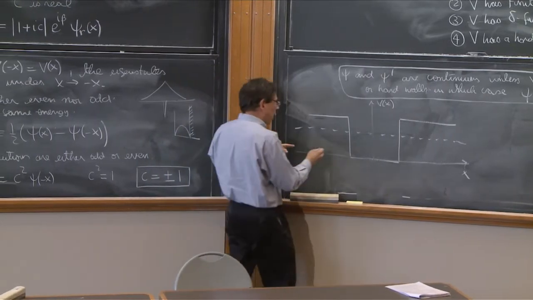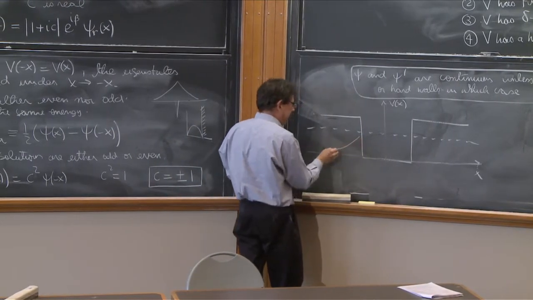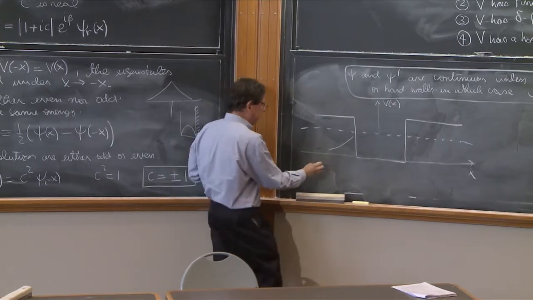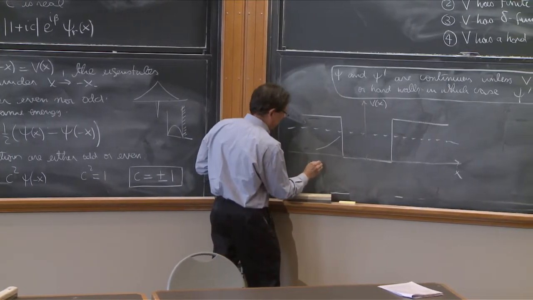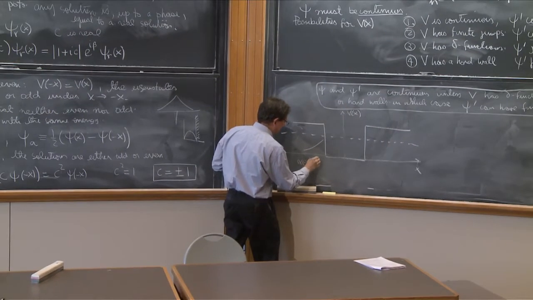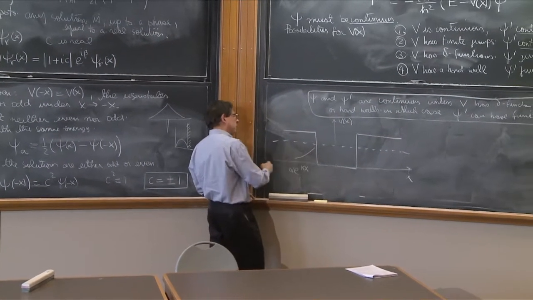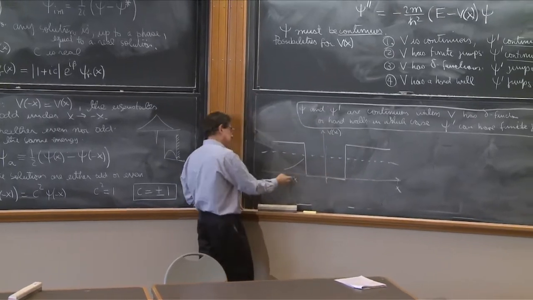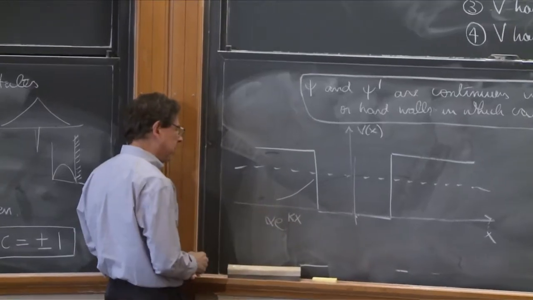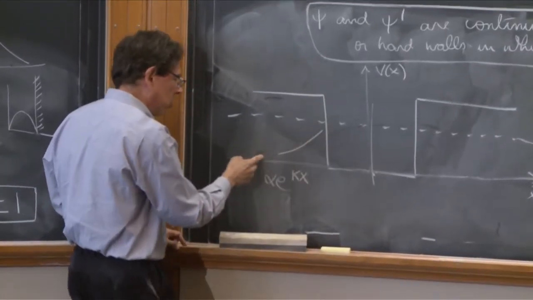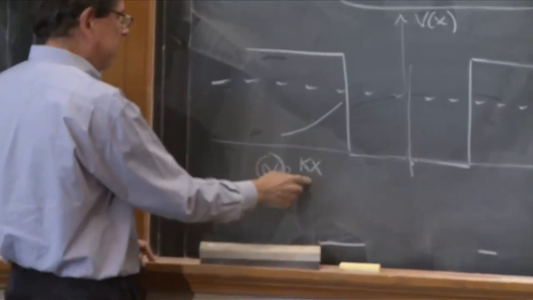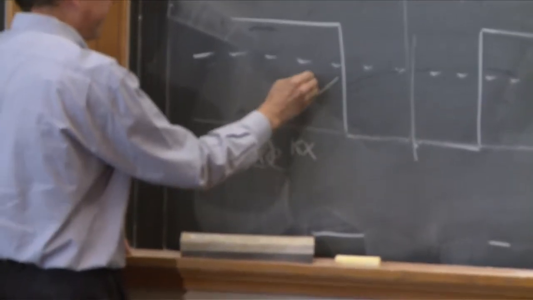So here, the wave function would be a decaying exponential. A decaying exponential is of the form alpha e to the kappa x, because x here is negative. So this decays as x goes to minus infinity if kappa is positive, and that's how a solution looks. You need one coefficient here to determine this solution, so I'll put a 1 here.